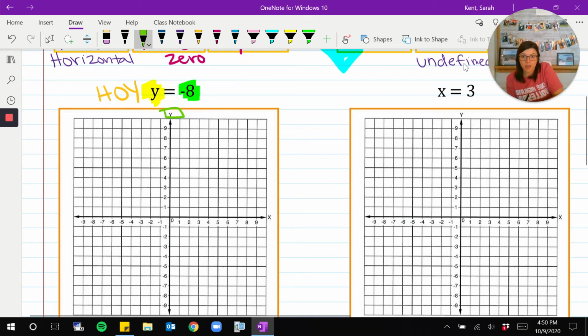So I go down -1, -2. Ooh, here's -8, all the way down at the bottom. So my line for this equation is going to go horizontal across the -8. So this right here would be a horizontal line with a slope of 0.